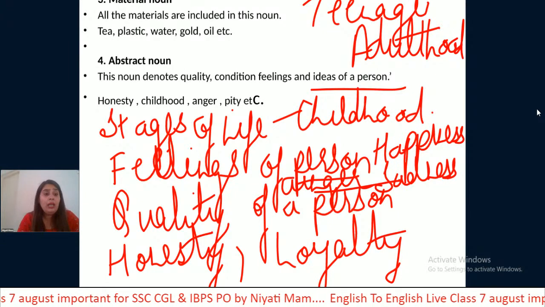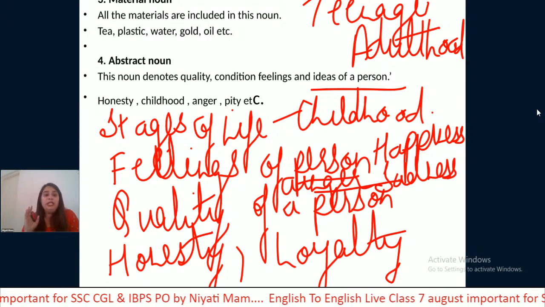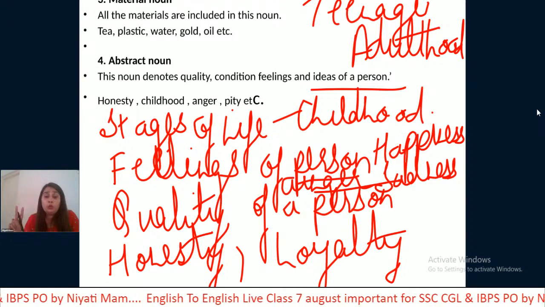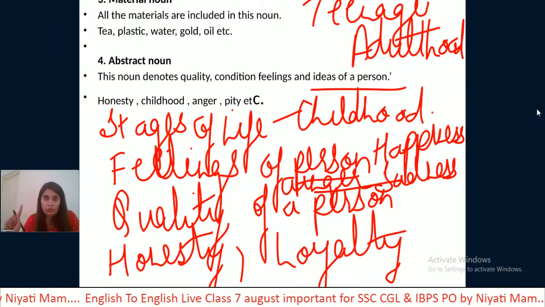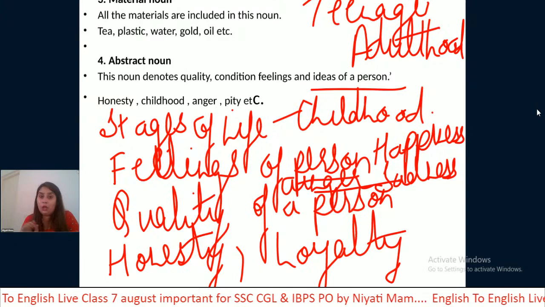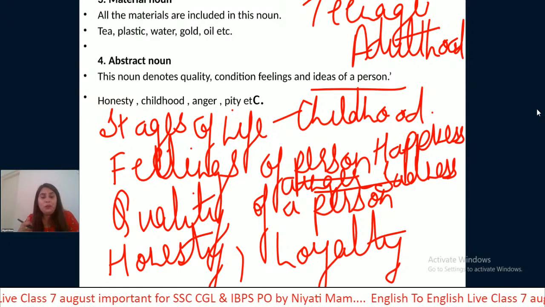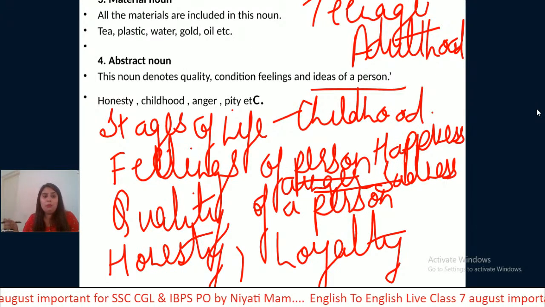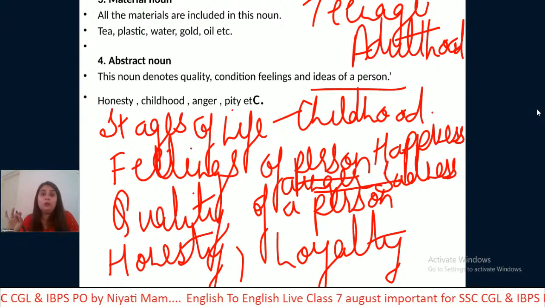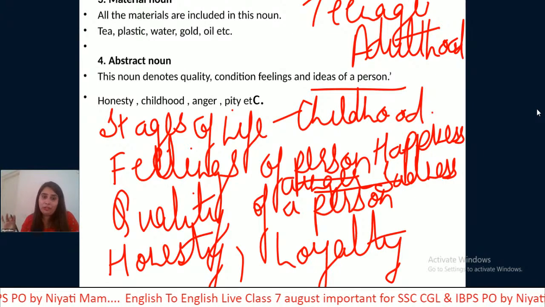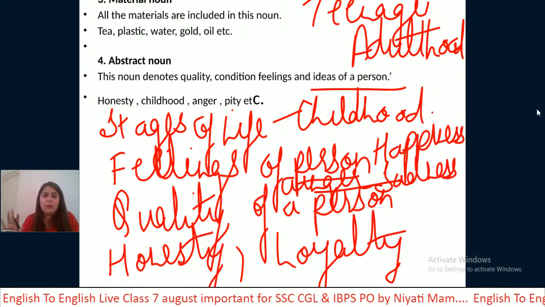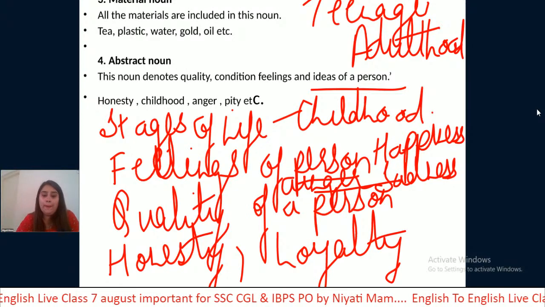For repetition, countable nouns are the nouns which we can count, so we can categorize them in 2 terms: singular nouns and plural nouns. Uncountable nouns are those nouns which we cannot count. Singular countable nouns take singular verb with them. Plural countable nouns take plural verb with them. Uncountable nouns always take singular verb with them. Is that clear to everyone? So in total, you can say there are 7 types of nouns.